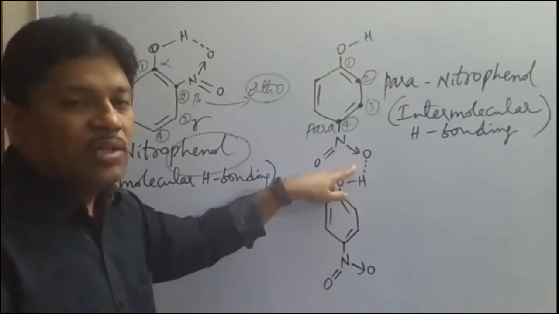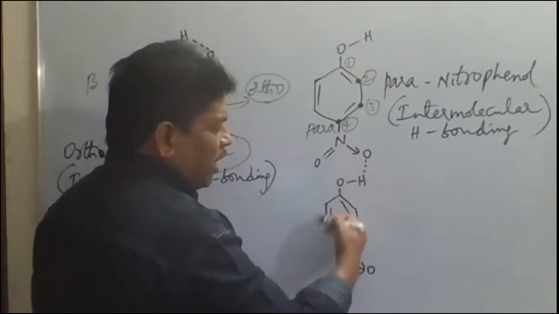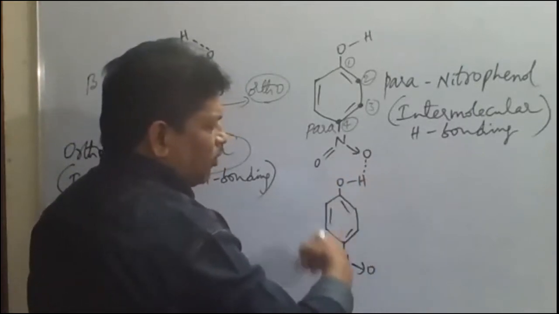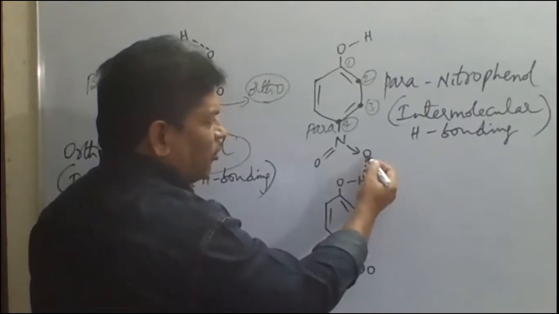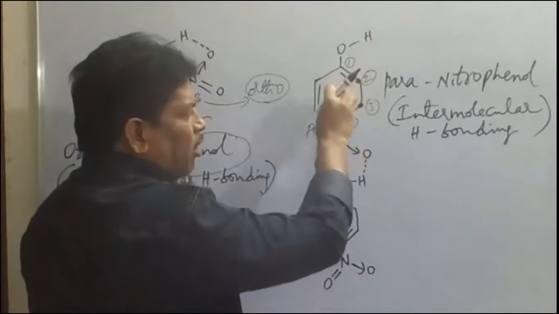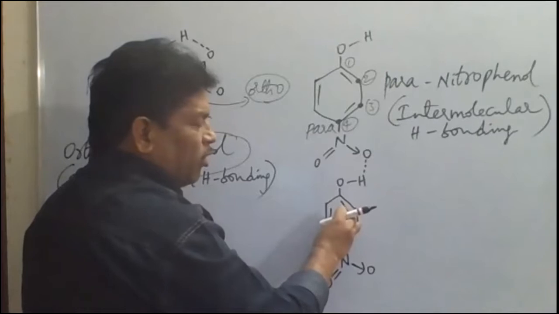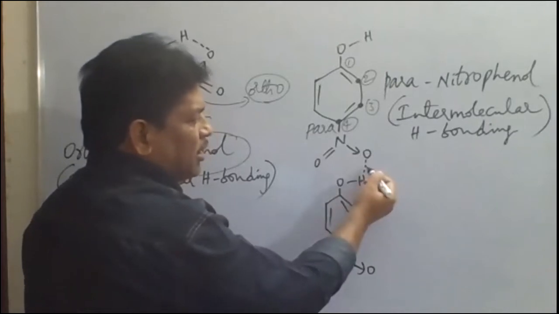The dotted lines indicate hydrogen bonding. The hydrogen bond is between the hydrogen atom of one para nitrophenol and the oxygen atom of another para nitrophenol molecule.